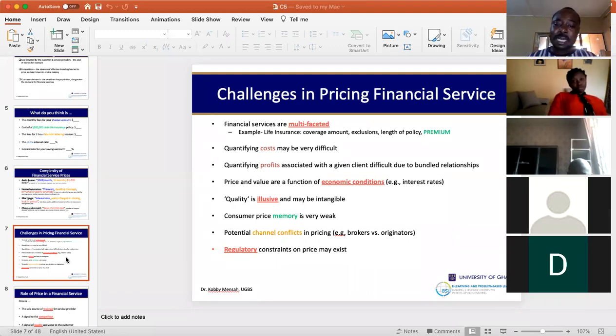So you realize that the multifaceted nature of financial services makes it difficult for you to clearly allocate costs to their respective cost centers in order to come out with a price that is actually reflective of what they have consumed from the system. Are you with me?